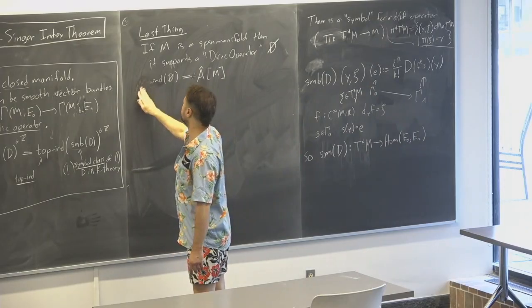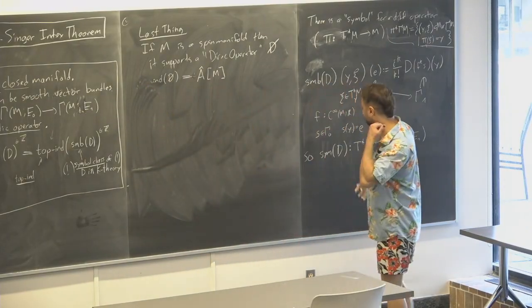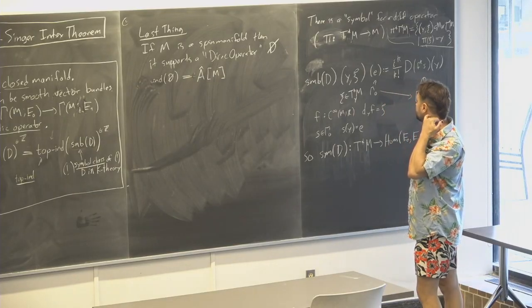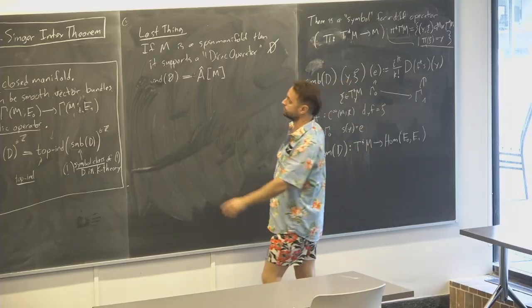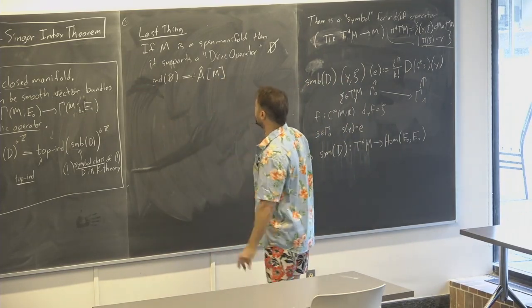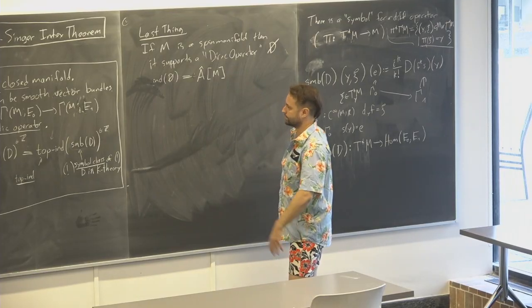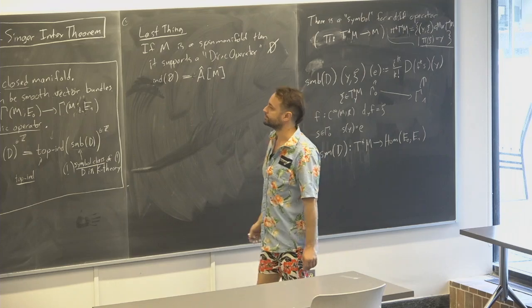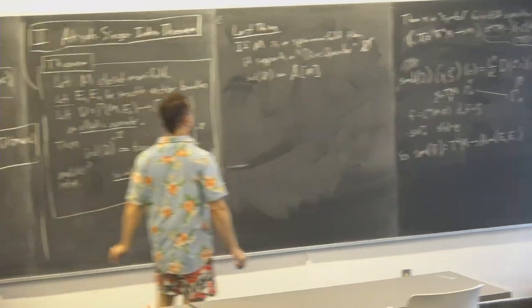This was one of Atiyah's original motivations for studying the index theorem, along with the Hirzebruch signature theorem, that for spin manifolds you have this very, very famous operator, the Dirac operator. And it turns out that there's an actual expression for this using these complicated rational power series that you can derive using this formula here for the topological index.